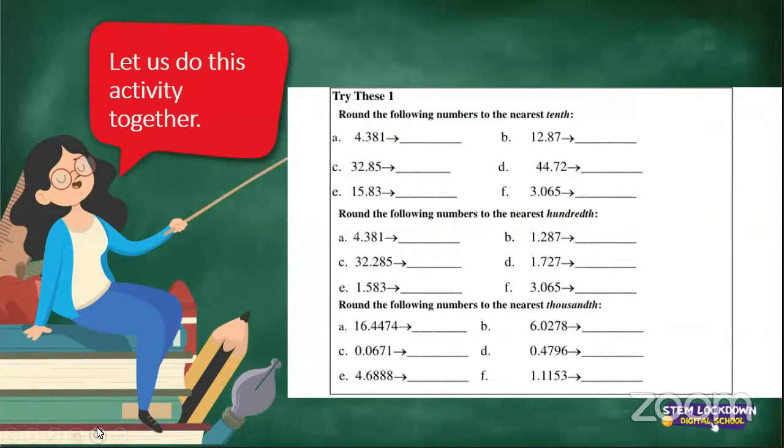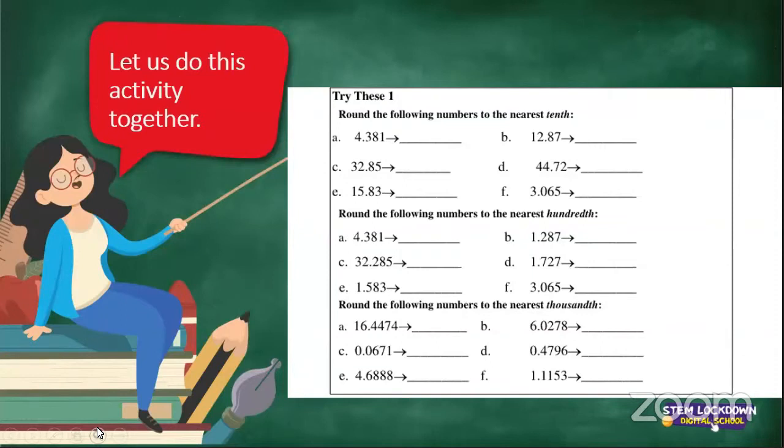Oh, sorry, 315 is the correct one. Because we also do consider the numbers after the decimal point. When we're rounding off, we do consider those numbers that are after the decimal point.